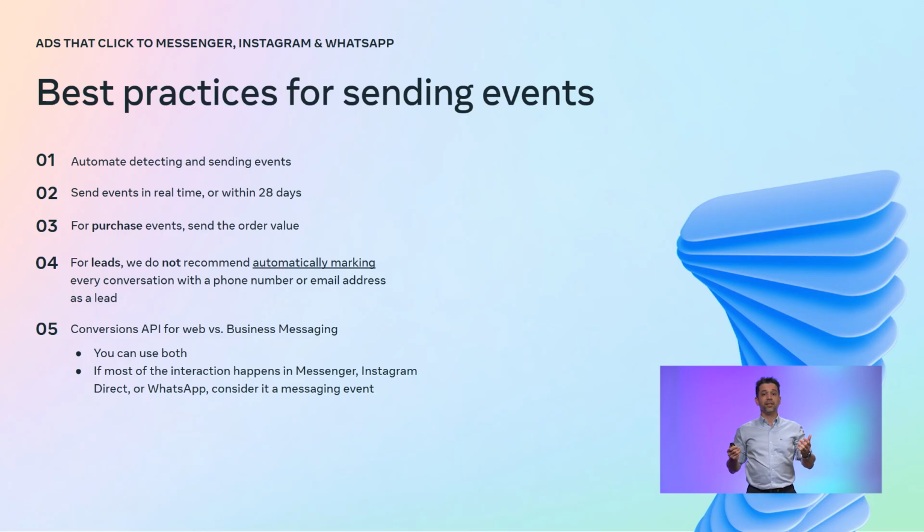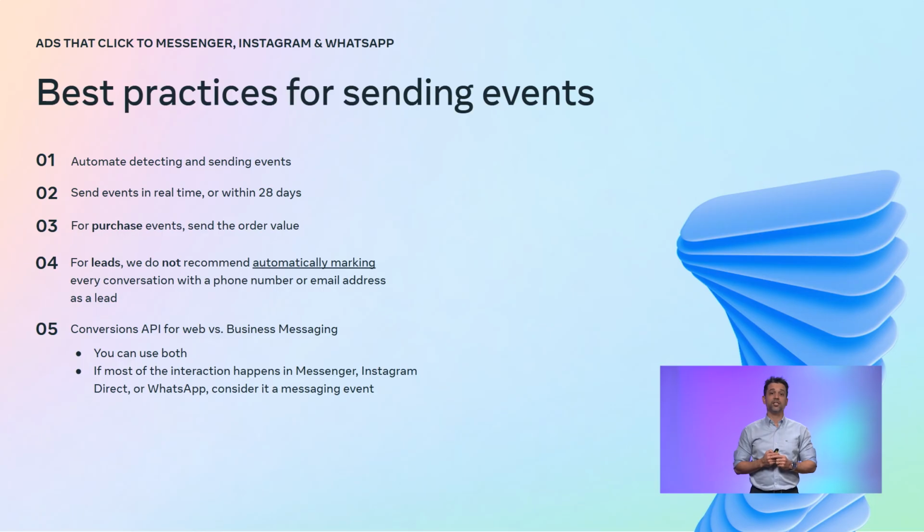Before finishing, I'd like to highlight some of the recommended best practices when sending Conversions API events back to Meta. Whenever possible, send us purchase events including the value of the order. That information is used to populate the ROAS column in Ads Manager. During a conversation, a phone number or email address can be shared for payment or e-commerce purposes, not necessarily meaning that's a lead.